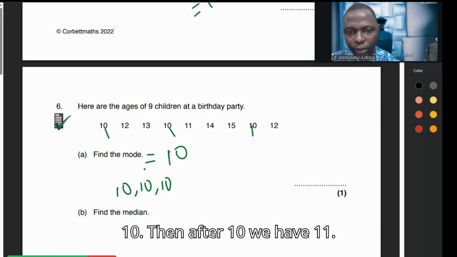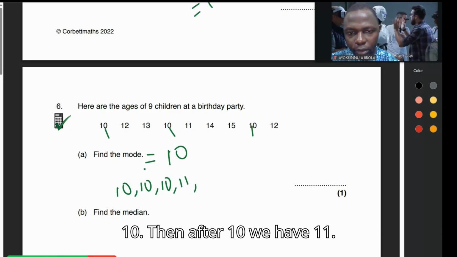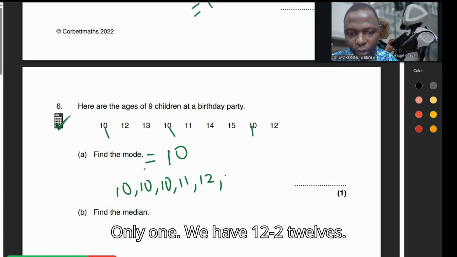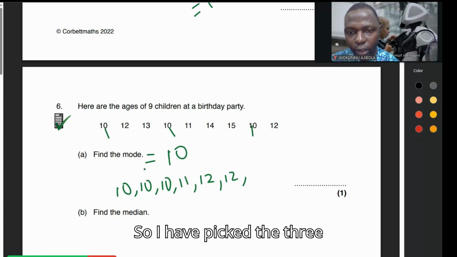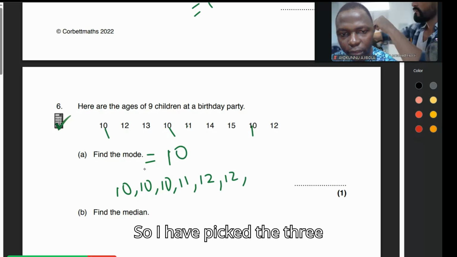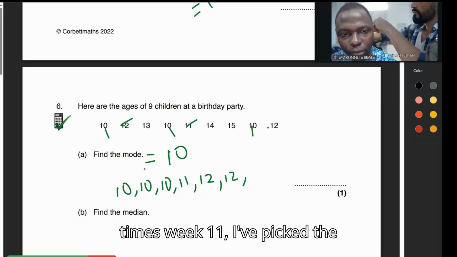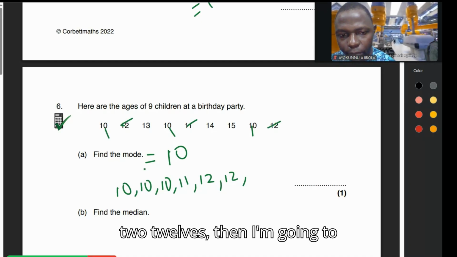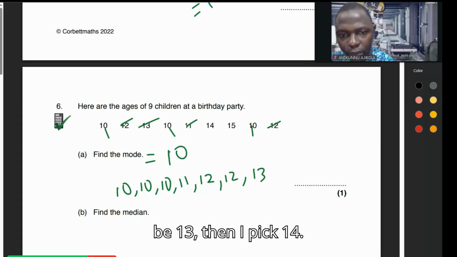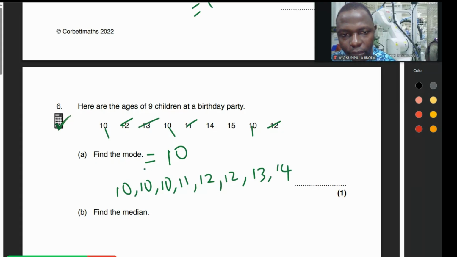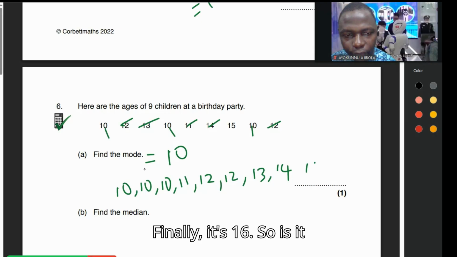Then after 10, we have 11, only one. We have 12, two 12s. So I have picked the 3 10s, I picked 11, the 2 12s, then 13, then 14, and finally 15.